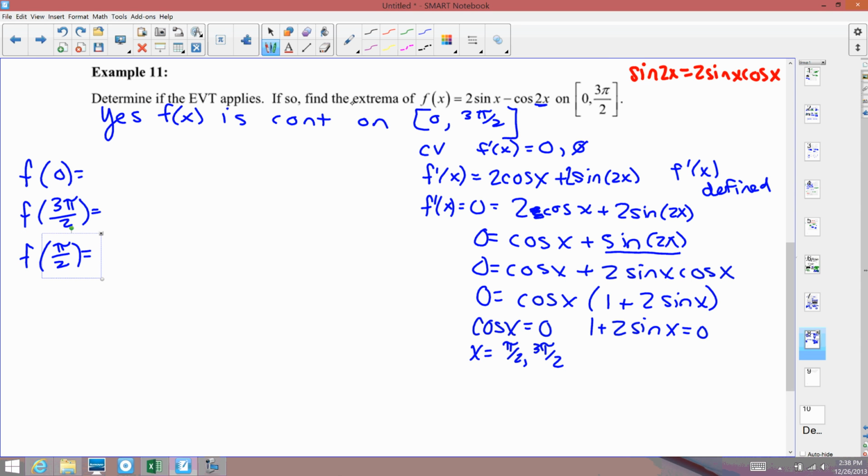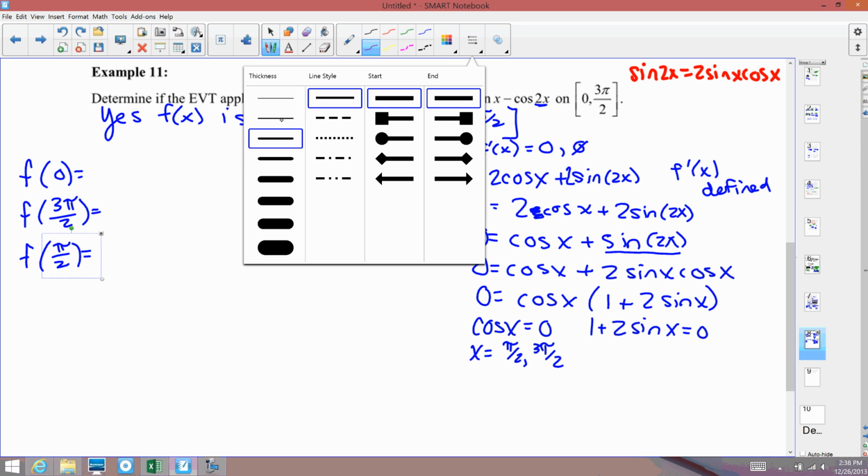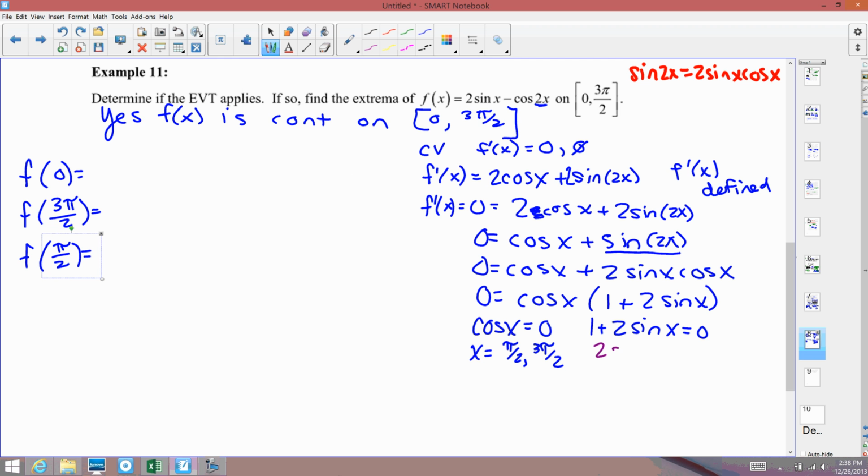This one I'm going to turn into another color just so we can differentiate it. Differentiate, get that joke? All right, 2 sine of x equals -1. Divide by 2, sine of x equals -1/2. Good thing you know your unit circle. We have our pi over 6, pi over 4, pi over 3, and remember, these are 30, 45, and 60 degrees.